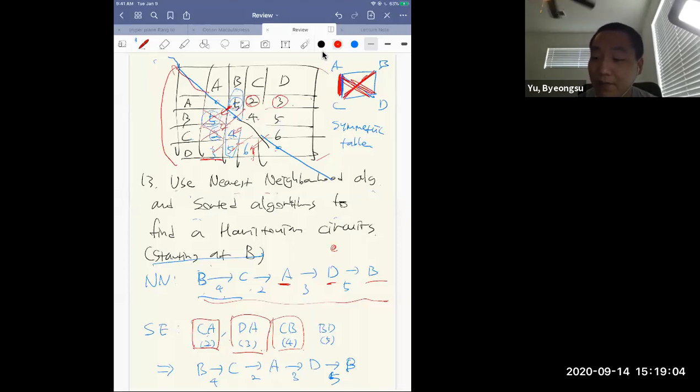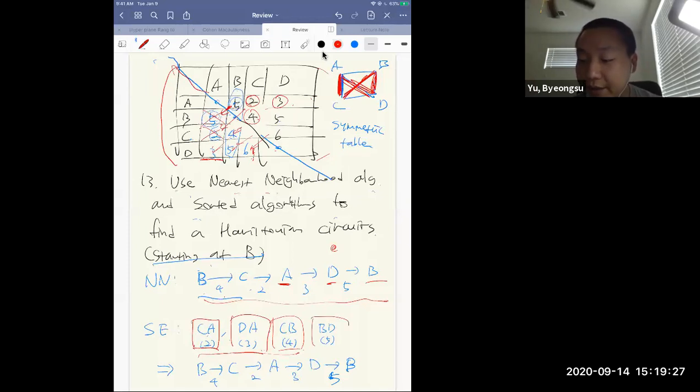Then from the graph you can see that the only possible choice after choosing 3 edges is taking BD, because that makes your cycle contain all the vertices, right?